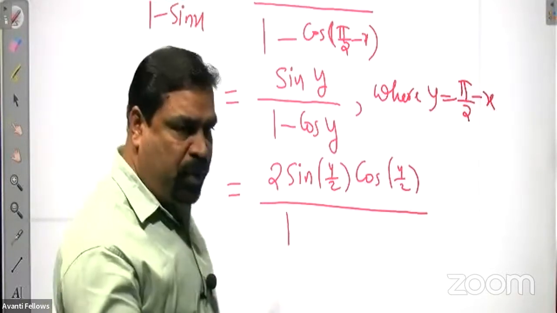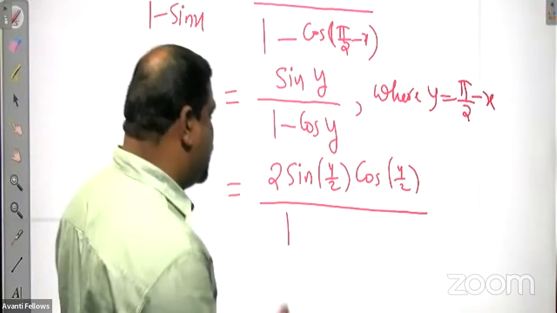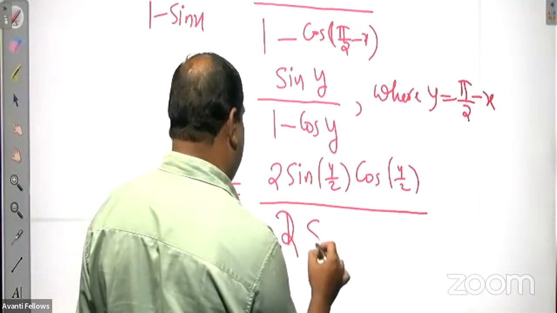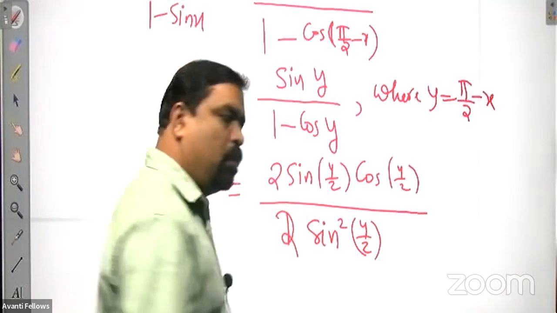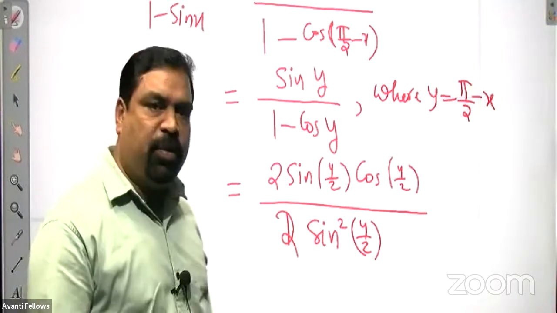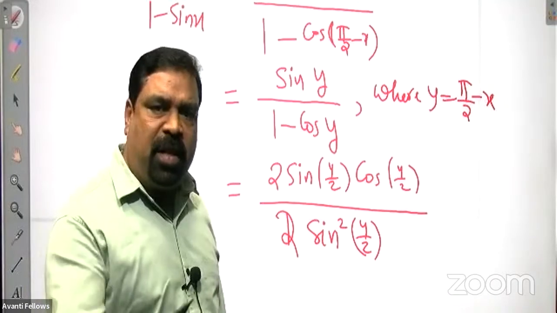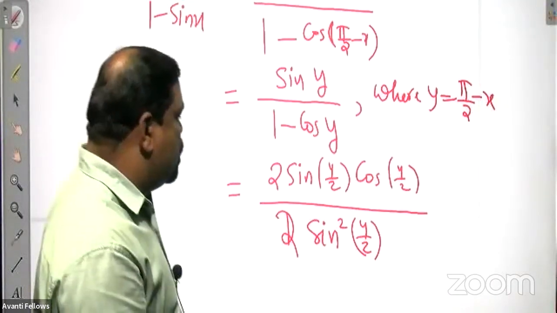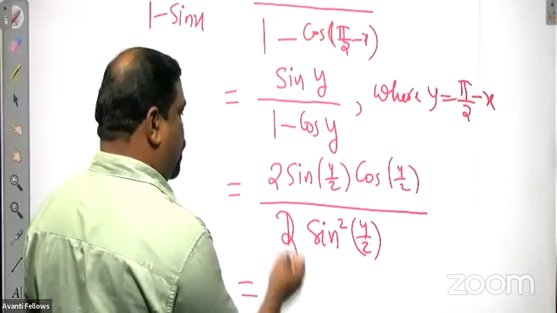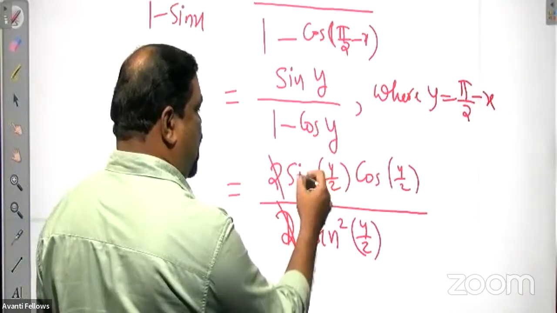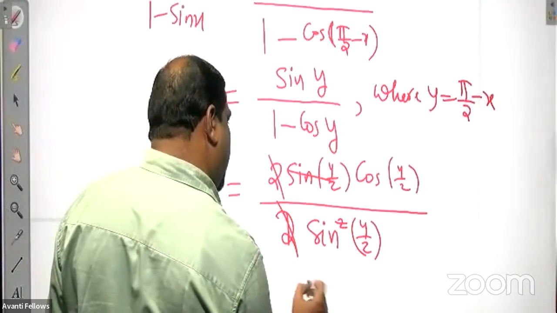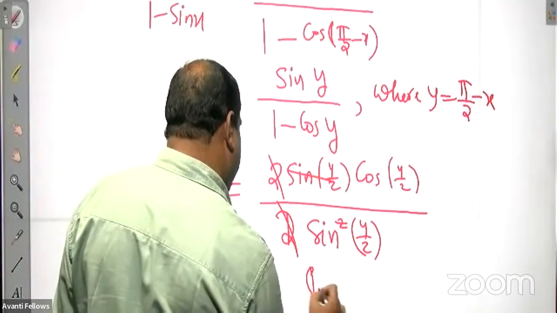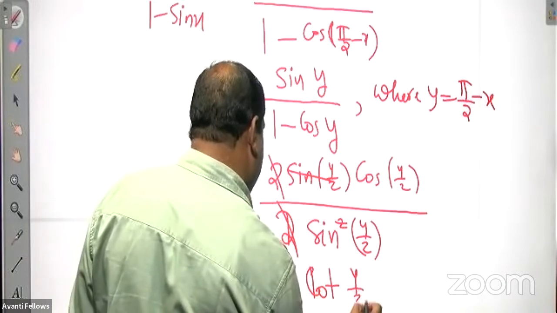What is 1 minus cos y? 1 minus cos y is 2 sin square y by 2. All these are basic trigonometric identities. So what happens then? The 2 cancels, sin y by 2 also cancels, and the remaining is cos y by 2 by sin y by 2, which is equal to cot y by 2.